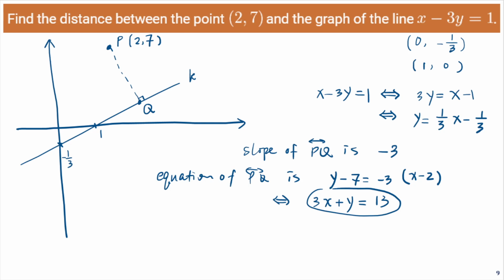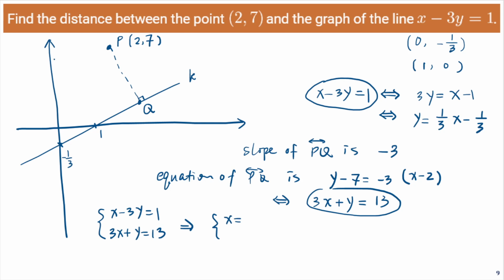So that's the line PQ, and this is the line K. And then we can use the point of intersection between K and PQ to find the coordinates of Q. Combining these two equations will give us the coordinates of Q. So solving this gives us x equals 4 and y equals 1. Therefore, Q has coordinates (4, 1), right?